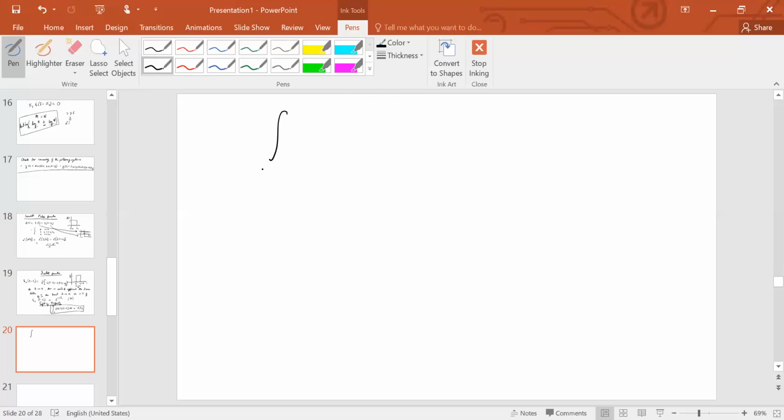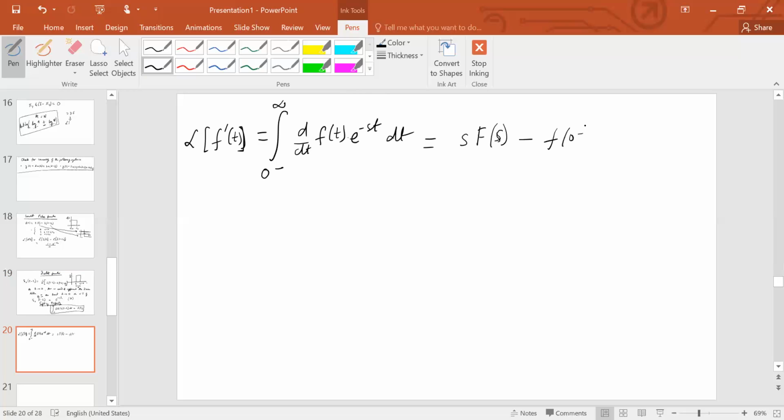If you apply it on this, this is basically nothing but the Laplace transform of the derivative of f of t. And by definition, from one of the properties, this also you should be able to derive, but this is one of the properties that we showed you in the slides. So we can take this as true.